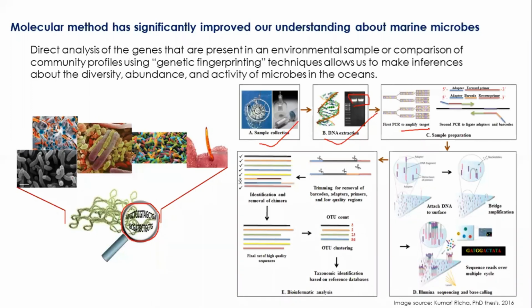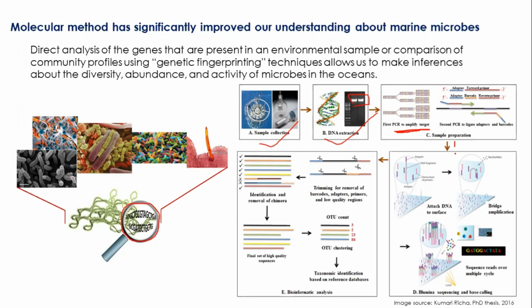What I mean by amplifying a target is that you have to choose a molecular marker. A molecular marker, in case of, let's say, bacteria, is the 16S rRNA gene. In case of other organisms, it can vary. So basically, you amplify that particular area using polymerase chain reaction, that is PCR.